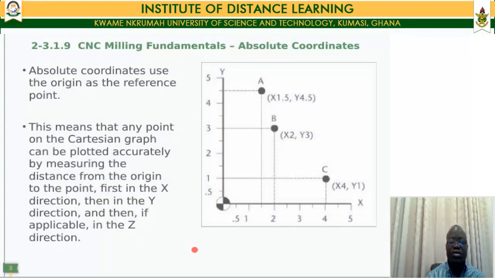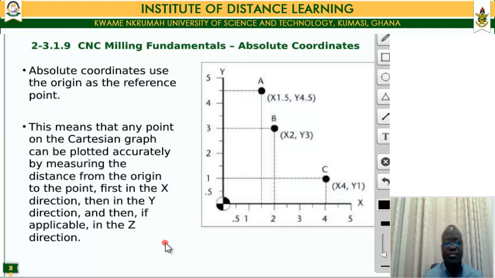Now, if we move on to look at, let's say, the CNC mill, we have two main coordinate types that we use in programming a CNC machine, which are absolute coordinates and what we call incremental coordinates.